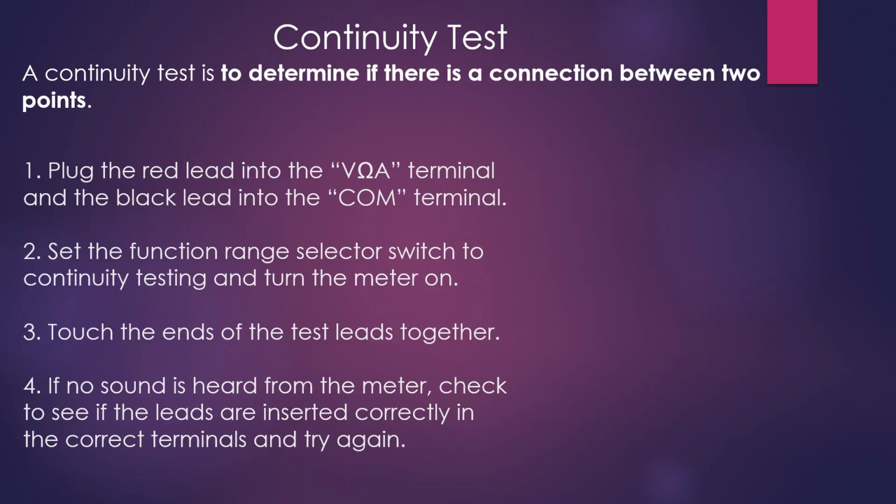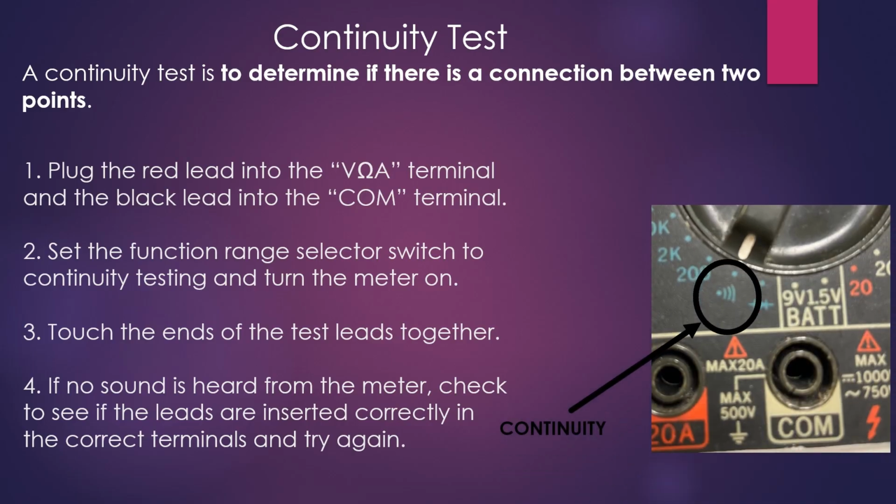Once it's on, touch the ends of your leads together to see if there's a sound. If there's no sound, it means that your leads are faulty or not inserted correctly. Whenever you do the continuity test, look for a symbol that looks like a Wi-Fi symbol. That is the symbol of the continuity function.